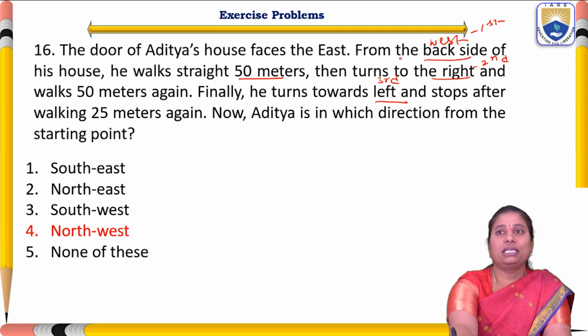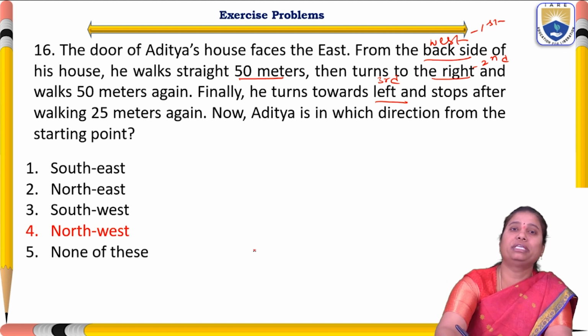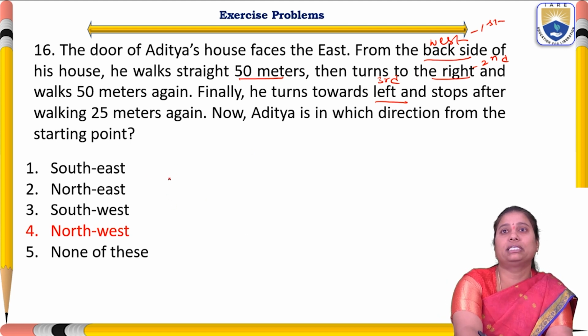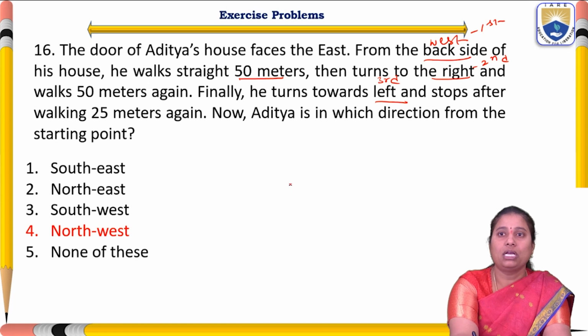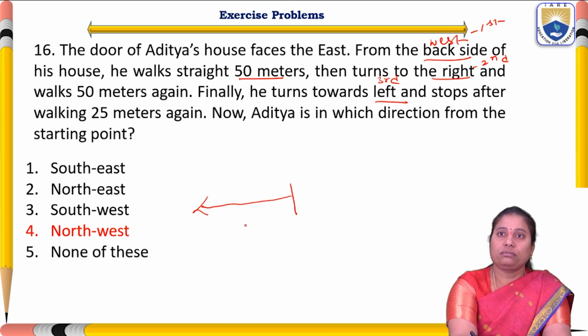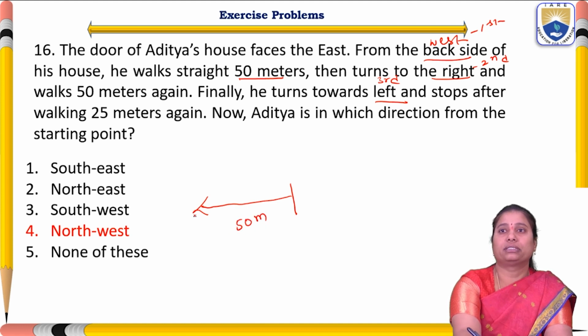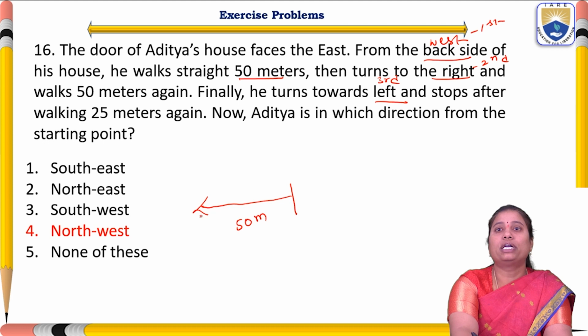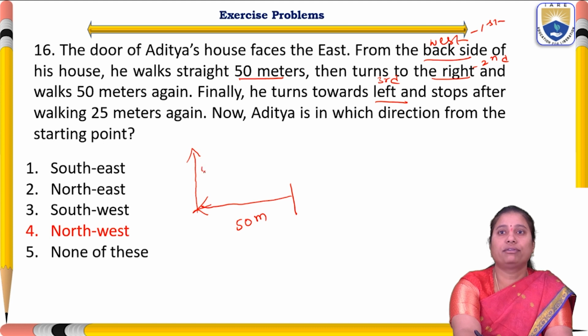First, from the back side of his house, means from the west direction, he walks 50 meters. So towards the west direction he has moved 50 meters. Then he turns to the right, so he goes to the north direction and walks 50 meters.